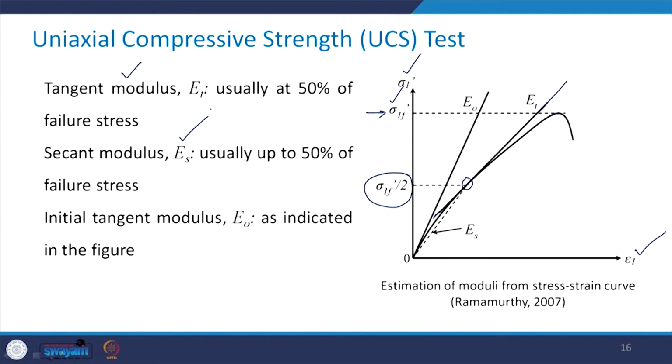Then the initial tangent modulus is defined as the slope of the tangent drawn at the initial portion of this stress strain response. This is the initial portion. You draw the tangent here, and whatever is the slope is going to give you the initial tangent modulus, which is E naught. That is how different moduli are obtained from this stress strain curve.